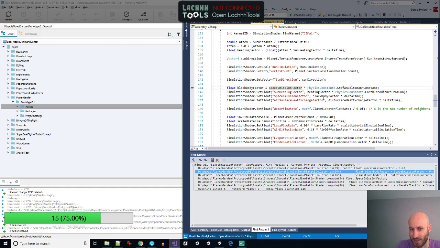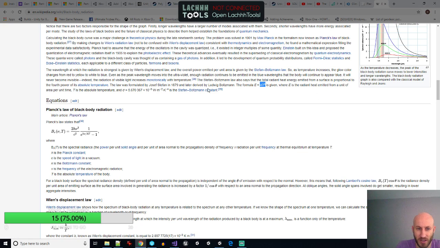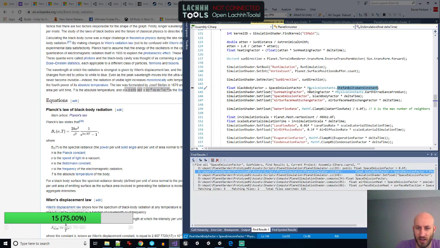I take that initial thing, and then this is a value you just look up out of your textbook, or these days, out of Wikipedia. I just pulled this value right here, multiplied it in by a factor that you can tweak in the Unity editor, and then everything's scaled by the amount of time that we're considering to pass.